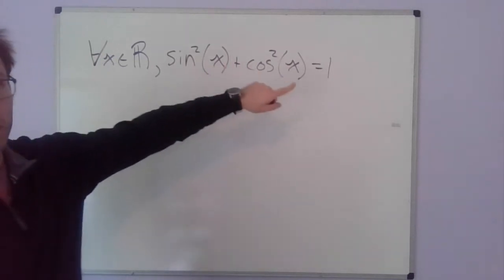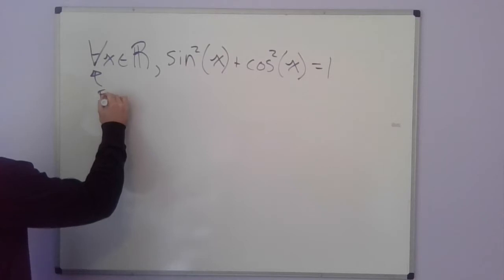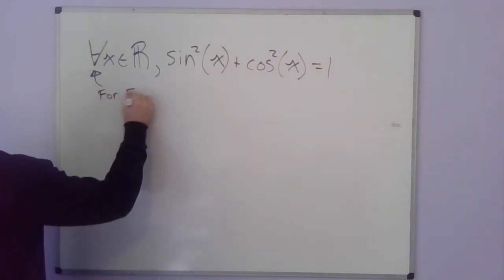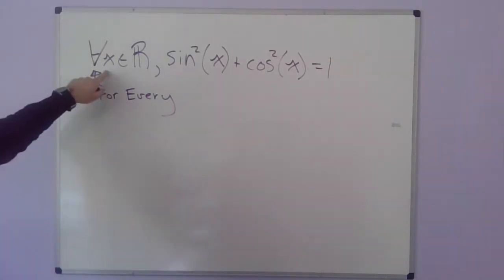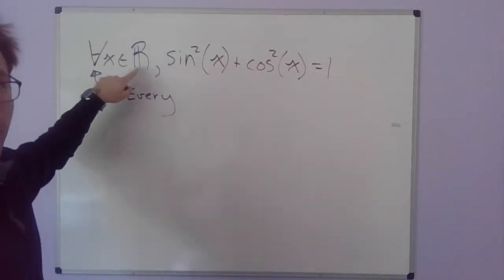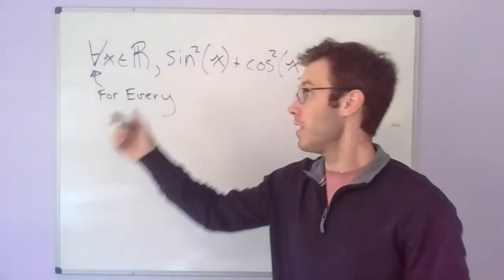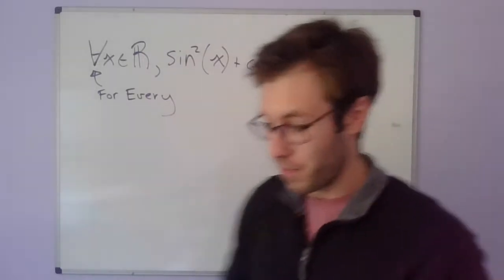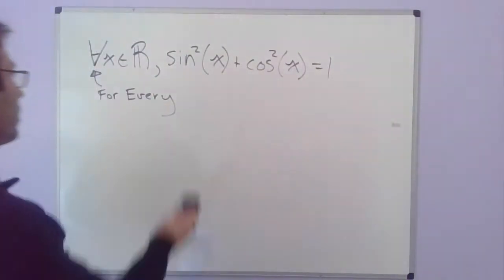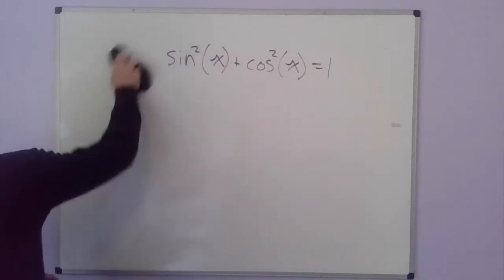So this is the symbol for every, or for all. So for every x, and that's the symbol for element, that's the set of real numbers. So any x value that is in the set of real numbers, that equation holds true. Sine squared of x plus cosine squared of x equals 1.